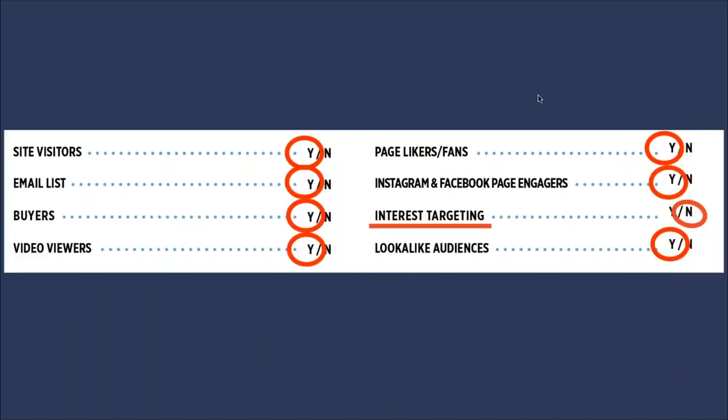This is a little exercise that we did with Boom last year, looking at their 2018 spend and asking, did you use all of the targeting options available to you? Yes, we targeted our site visitors, email list, buyers, all of our video viewers, our page fans, Instagram and Facebook engagers, lookalike audiences. But no, Boom didn't use any interest targeting at all in 2018.